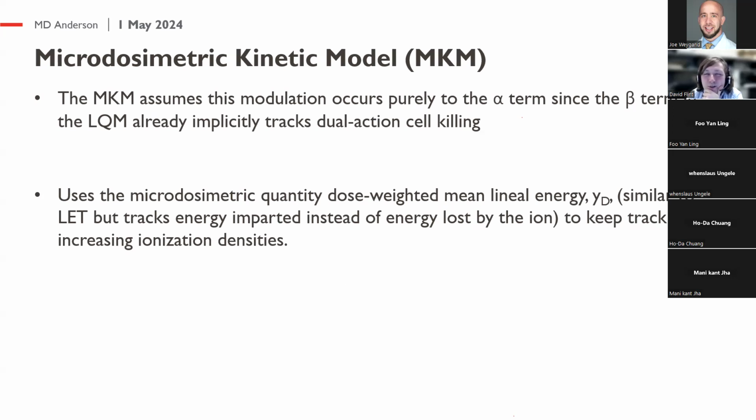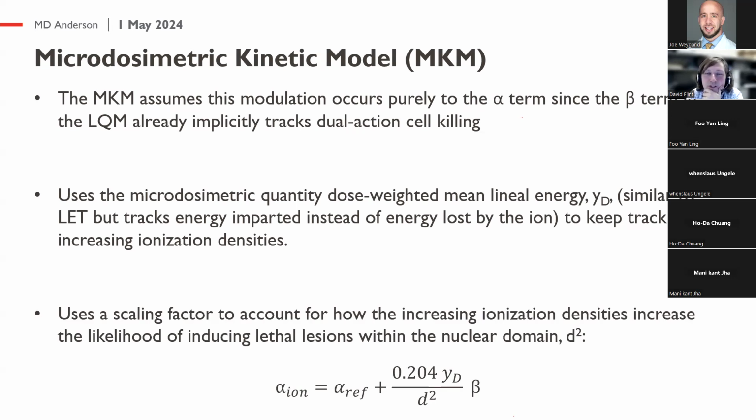But it is actually a fairly complex quantity. There's an hour-long lecture somewhere on YouTube that tries to describe the difference between LET and dose-weighted mean lineal energy. So there are a lot of subtle differences, but for the sake of your understanding, you can think of it similarly to LET.